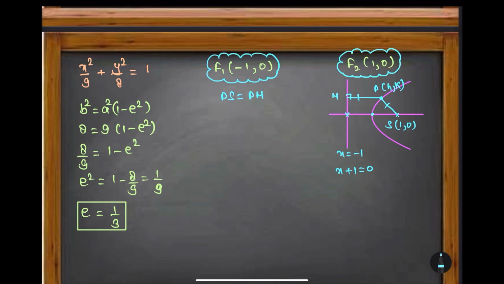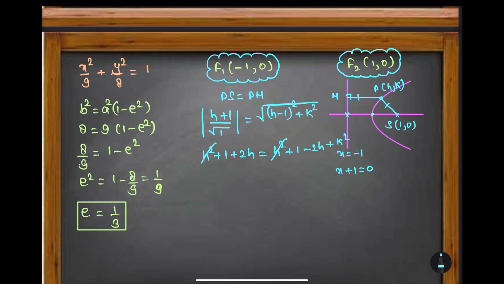Now look at this. Who is PS? It is the distance of the point from the line. So the point satisfies |h plus 1| over 1 equals root of (h minus 1) whole square plus k square. Correct? Now do you know any method by which you can get rid of the mod as well as the square root? Exactly, squaring both sides. So a square plus b square plus 2ab, a square plus b square minus 2ab, plus k square.